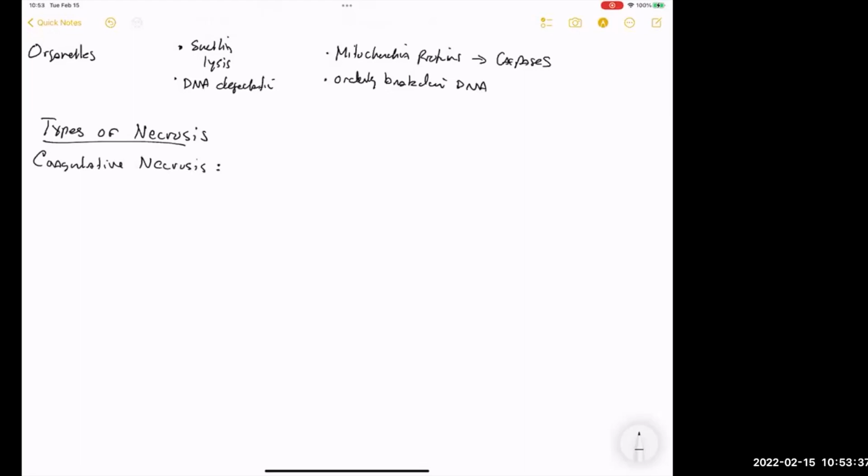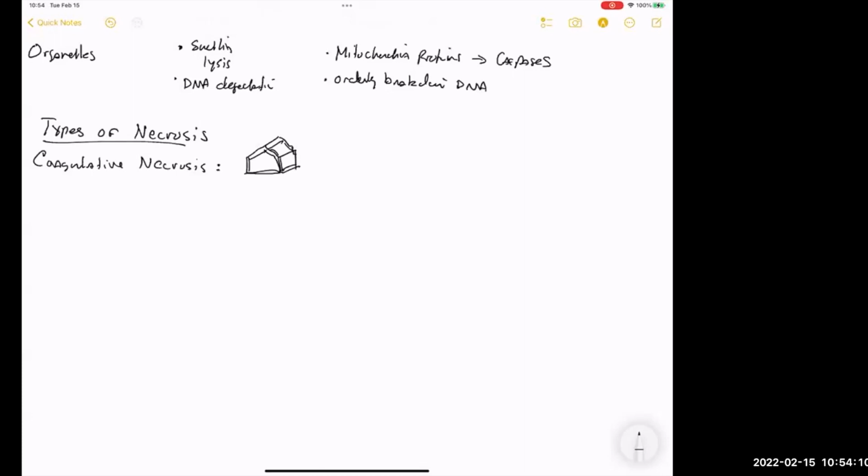Coagulative necrosis. All right. Coagulative necrosis is where the underlying architecture of the tissue is maintained. All right. So kind of like a house, right? You can have a house break down, but maybe the skeleton of the house remains intact, but everything else is gone, right?